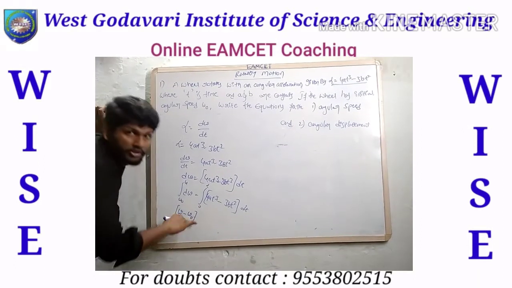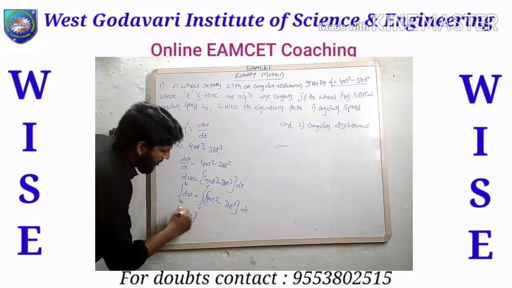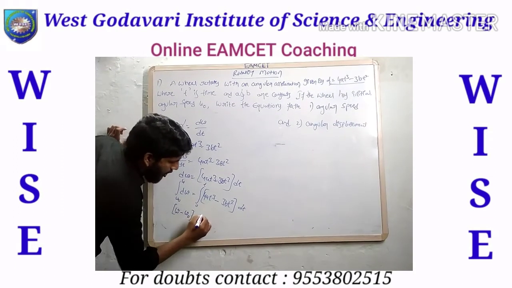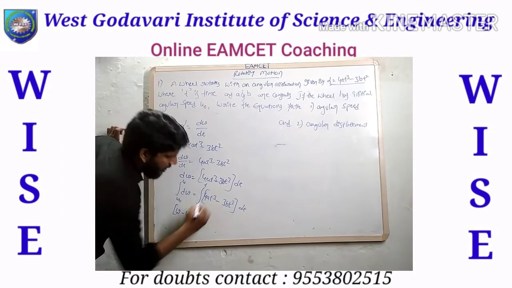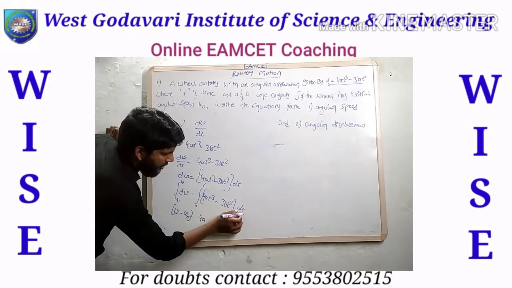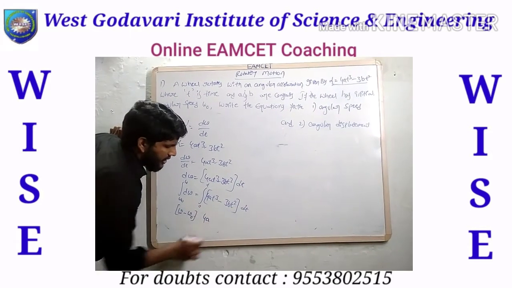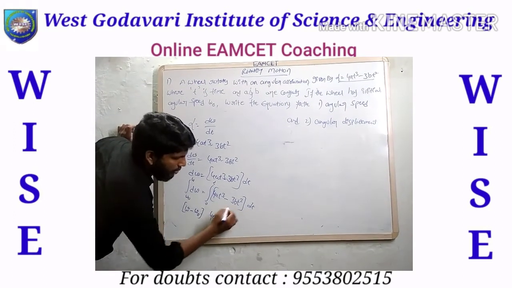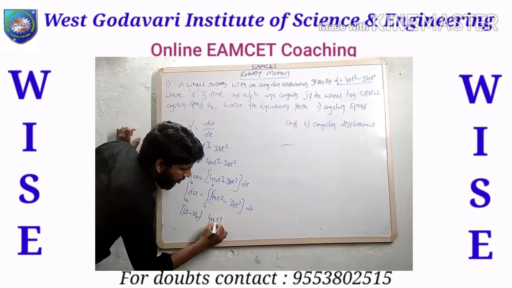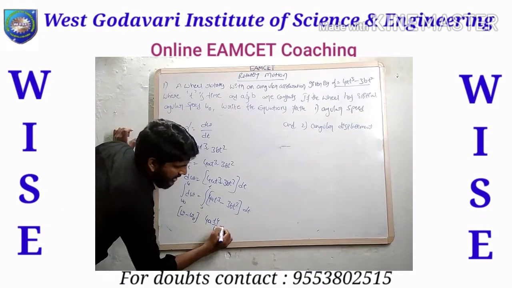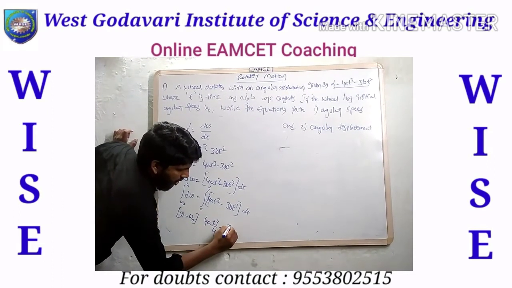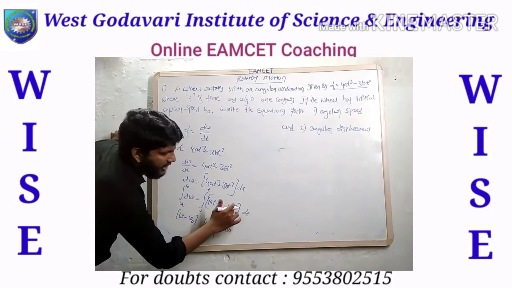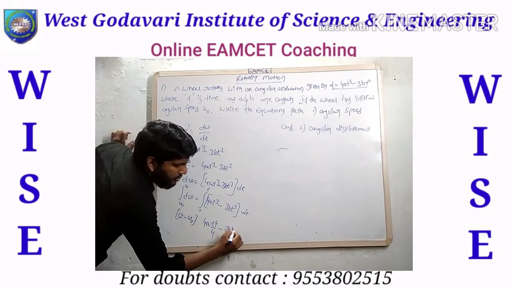After substituting the limits, we get 4a, where a is a constant, and you need to integrate t cube with dt, like x cube into dx. So x power 4 by 4, that means t power 4 by 4, minus 3b, which is a constant, and t square integrates like x square, giving x cube by 3.